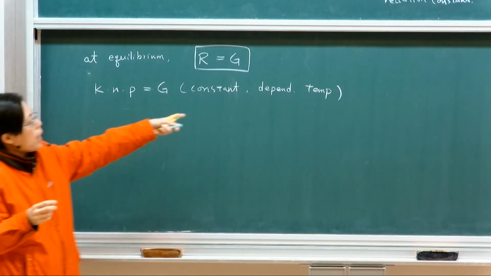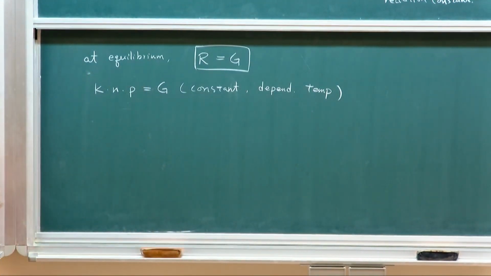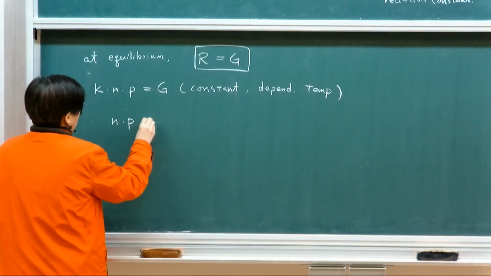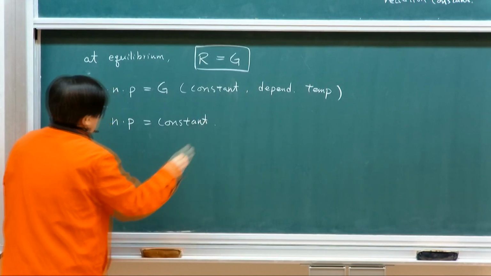But let's assume the external energy coming into the system is only temperature. So then you get NP is a constant.